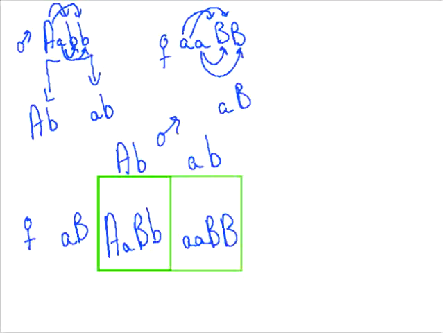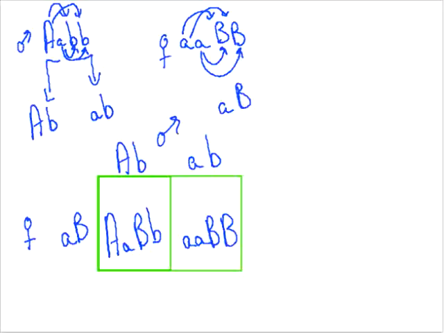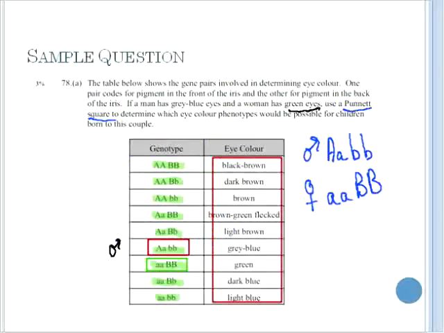Referring back to the chart as presented, you can very easily see what the possibilities are. Remember, big A, big B, little b gives you the following: light brown.